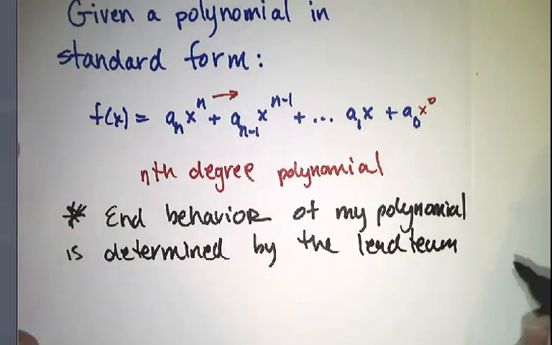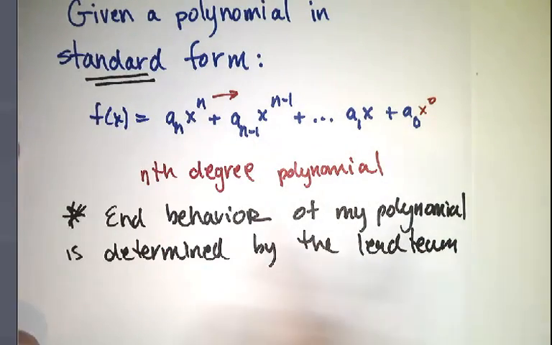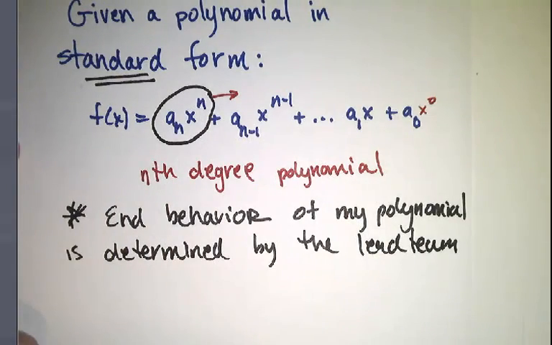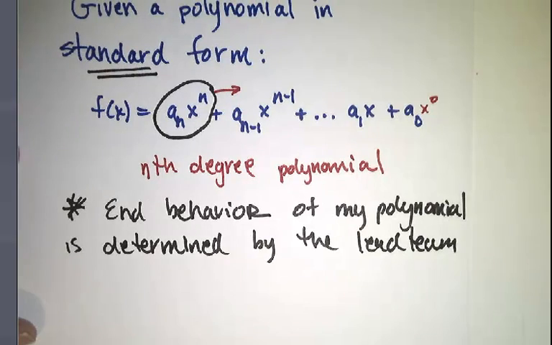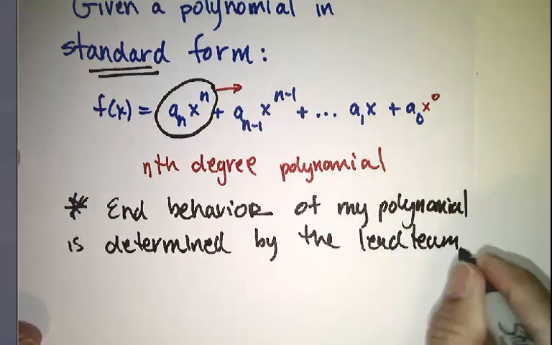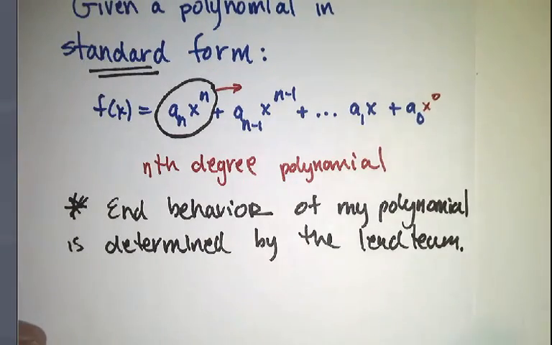So that's only if you've written it in standard form. So my highest degreed term, the highest exponent term, which determines my degree, also determines the end behavior. It's determined entirely by this lead term. So let's look at some examples and see how we would answer them.